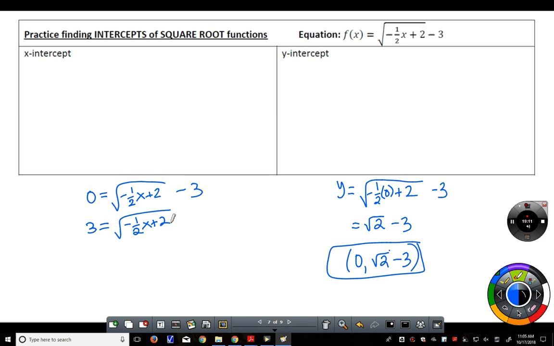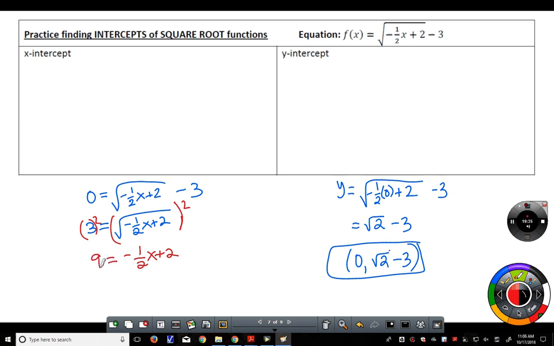And then what should we do from here? So how do you guys solve something like this, Josh? Good. So we're going to square both sides. Since squaring is the inverse of square rooting, it will undo the radical and give us just this expression on this side, and on this side we'll have 9.